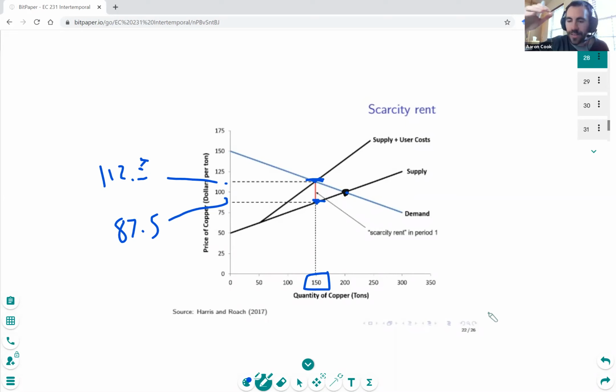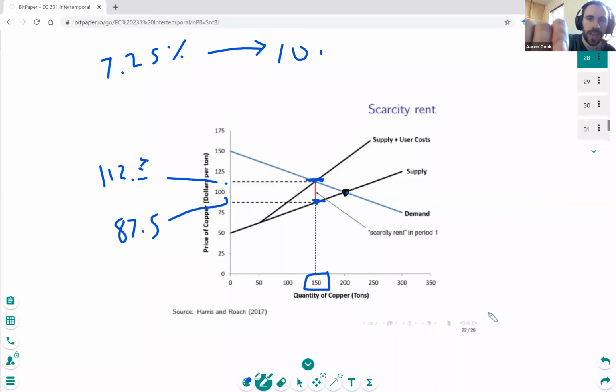And then remember, at the same time, you can take that profit, and there's an interest rate. We had an interest rate of, I believe it was 7.25% per year, and we were saying that the second period was 10 years in the future.